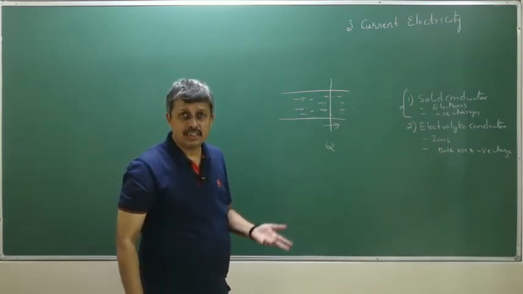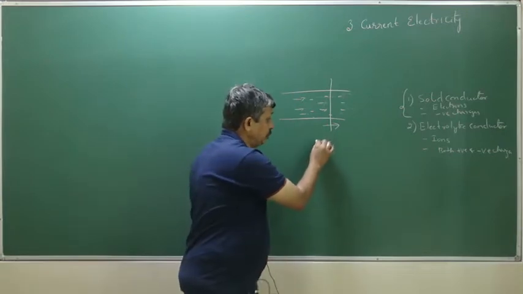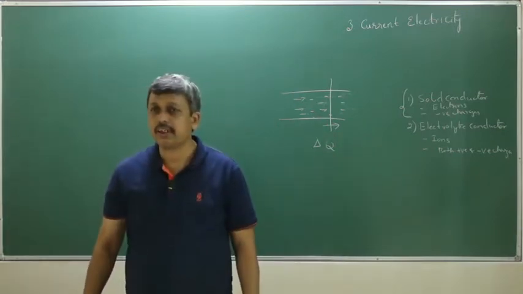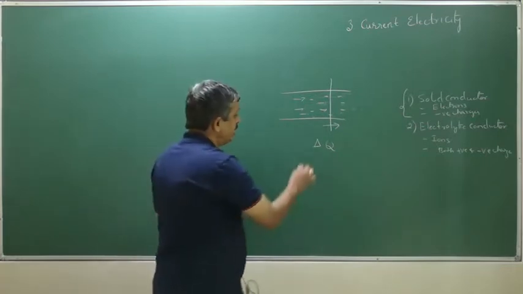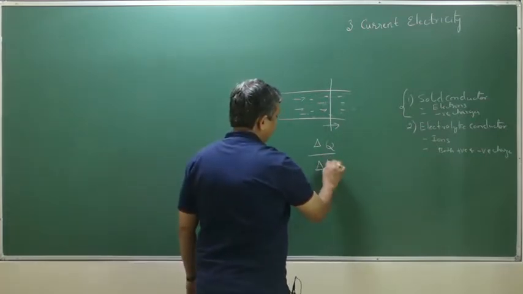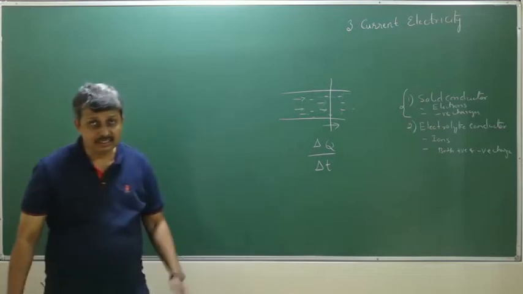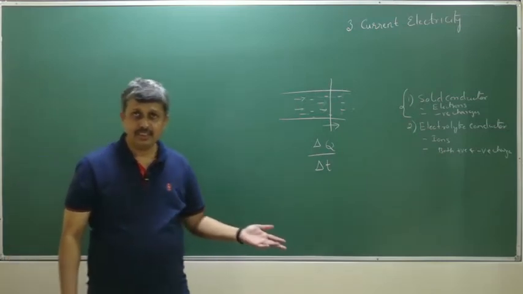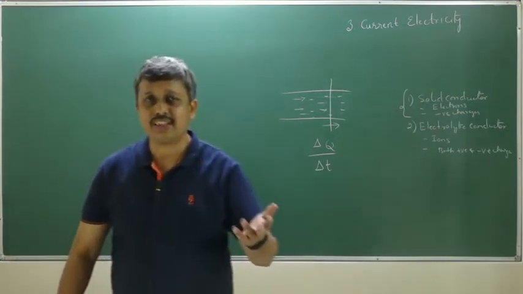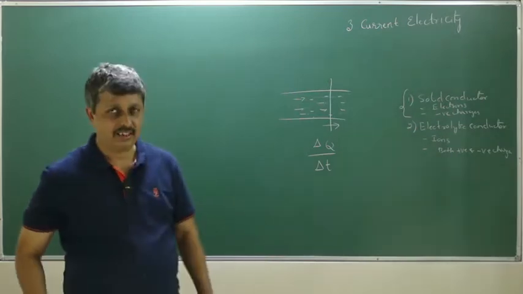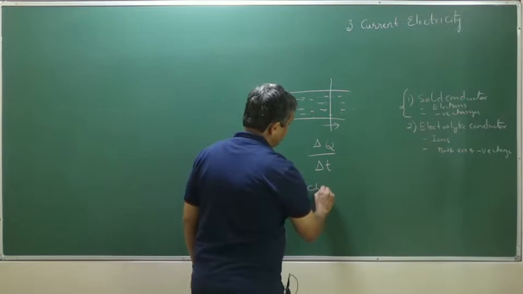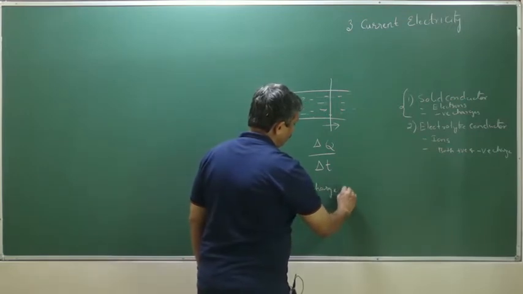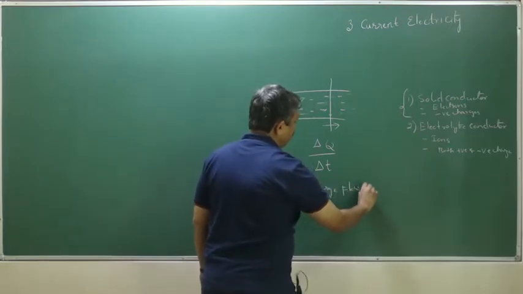In time, let us say, charge delta q goes through this point in delta t time. So this number delta q by delta t, amount of charge per unit time, is what we call current. So current is simply nothing but charge flow per unit time.